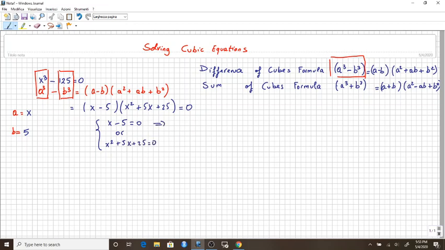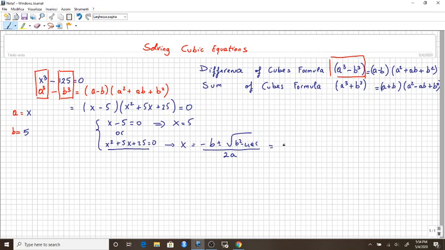The first one is very simple to solve, so it just gives us x equals 5. The second one we cannot factor, okay? We cannot factor. And therefore, we need to use the quadratic formula, which I remind you is negative b plus or minus the square root of b squared minus 4ac, divided by 2a. Alright, but now I need to look only at this one, okay?